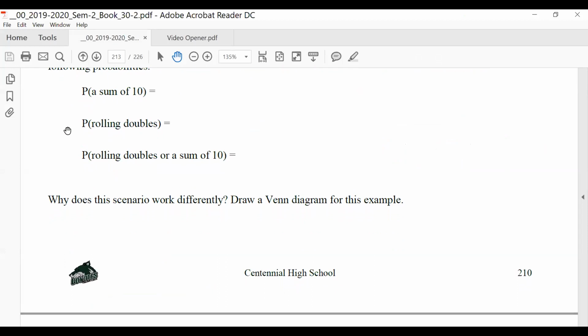It's not a super difficult thing to do. Well, a sum of 10, we already know, that's 3 over 36. Rolling doubles, I know there's 6 ways to get a double. But now I cannot simply just add these two things together. This does not equal these two things.